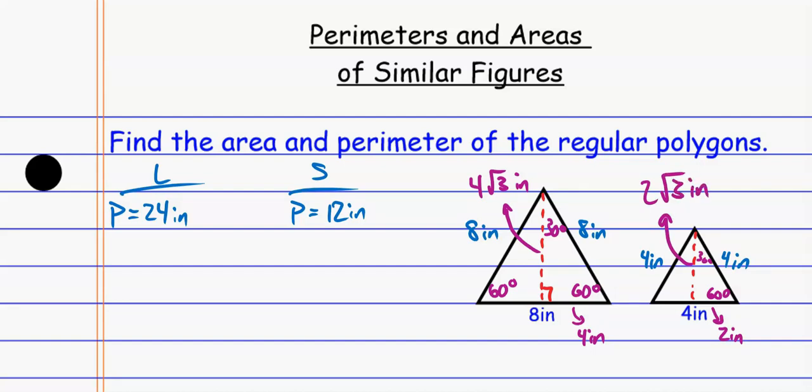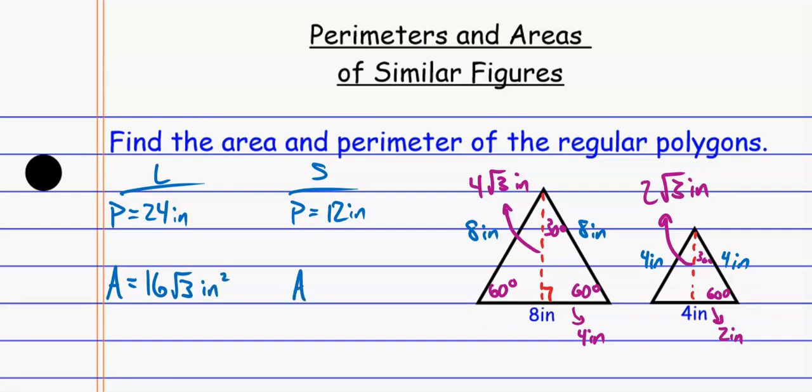Okay, so now I can use this to find the area. The area of a triangle is 1/2 the base times the height. For the larger triangle, 1/2 times 8 times 4√3 gives me 16√3 square inches.